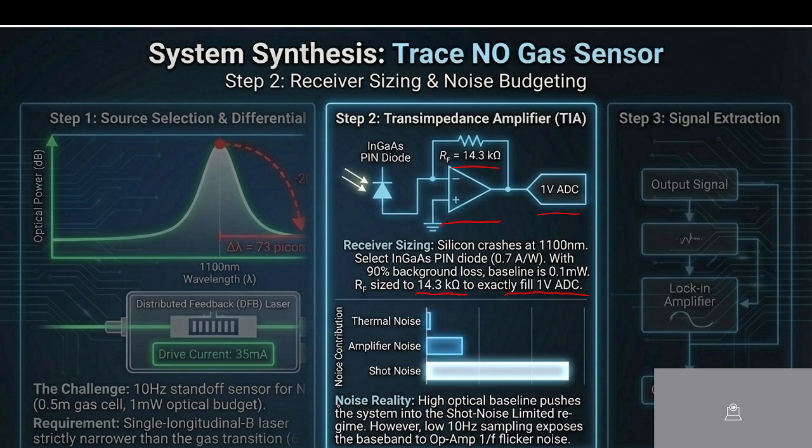Now the noise reality, we'll discuss this one. High optical baseline pushes the system into the shot noise limited regime. However, low 10 Hz sampling exposes the baseband to op-amp 1/f flicker noise. One is the thermal noise, amplifier noise, and the shot noise. These are the things we need to take care of.